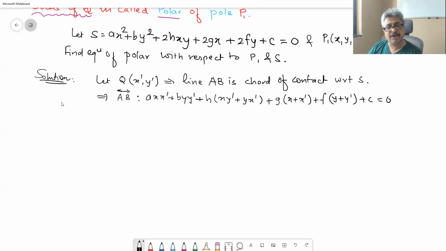This is the equation of line AB. P1(x1, y1) belongs to AB because that is the variable line through P1.